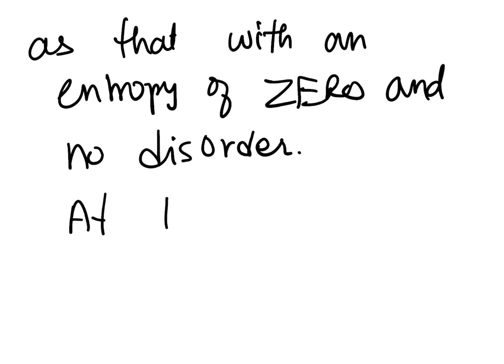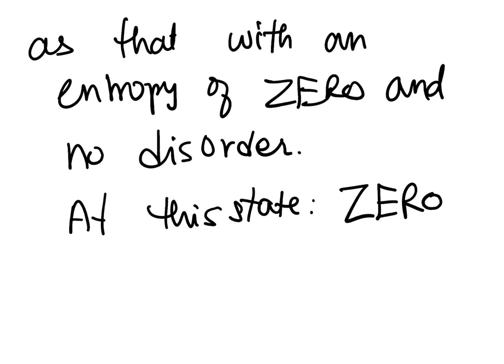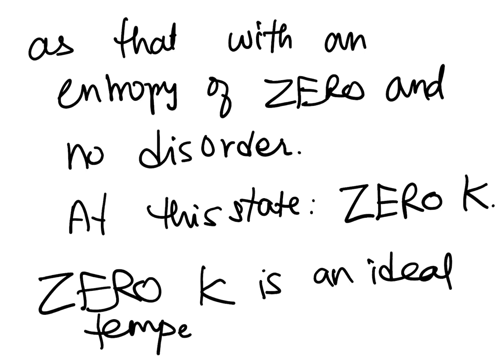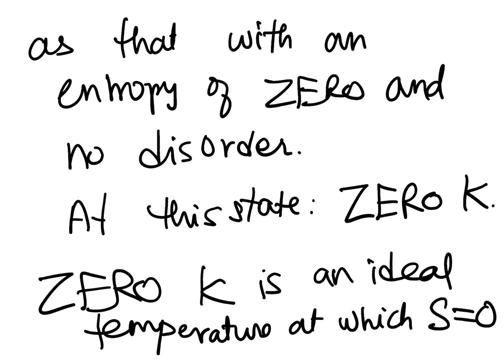At this state, we define the temperature to be 0 Kelvin. In other words, 0 Kelvin is an ideal temperature. Ideal means it doesn't exist in reality. It is the ideal temperature at which entropy is 0.